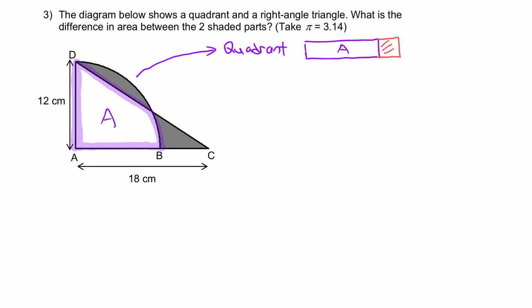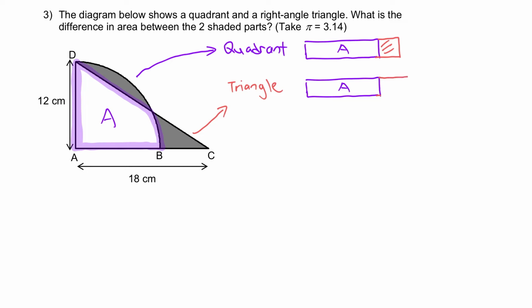Okay, what about the right angle triangle? For the triangle, it is made up of the same A over here, the exact same A plus this portion, isn't it?